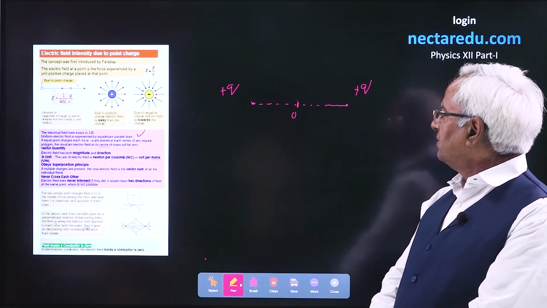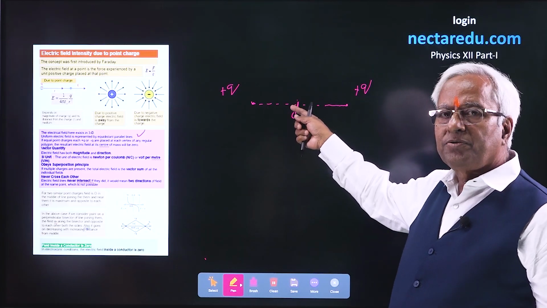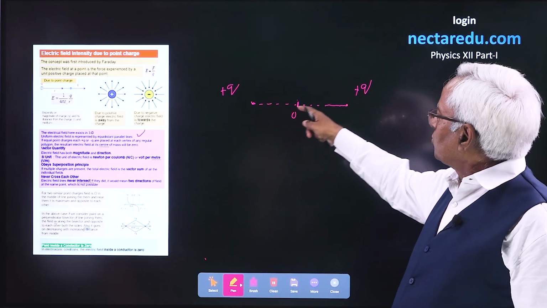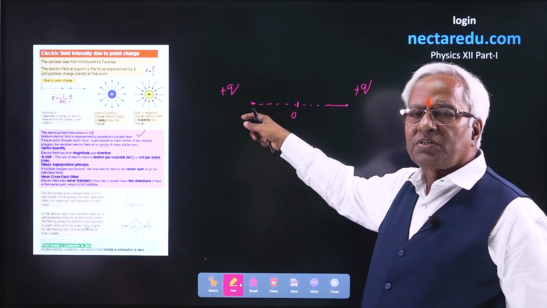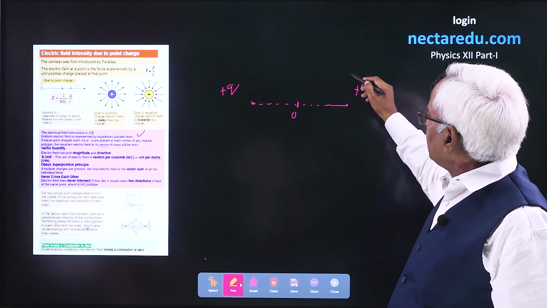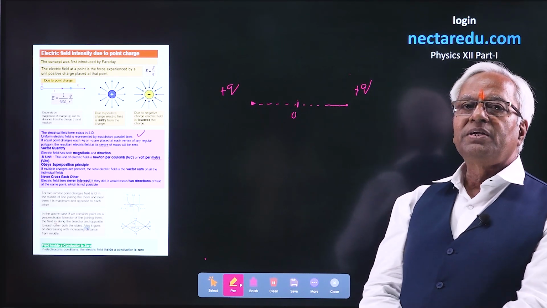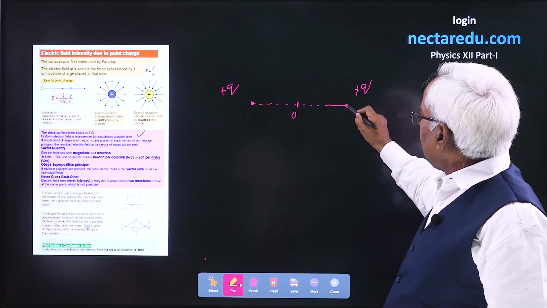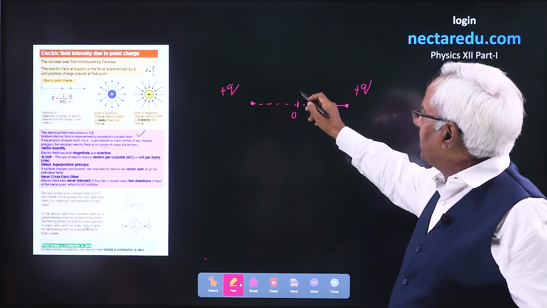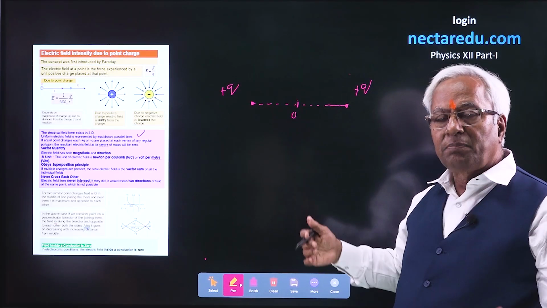But for that, at first sight, you might say that the resultant field at this point is going to be equal to 0. That's not the point of concern. The point of concern is throughout this line, what shall be the value of electric field at all the points of this line? Obviously, if you consider this very point itself, the field is going to be infinity. And here as well, the field is going to be infinity. But what happens in between? Here it is 0, at the two extremes it is infinity. But what about other points?